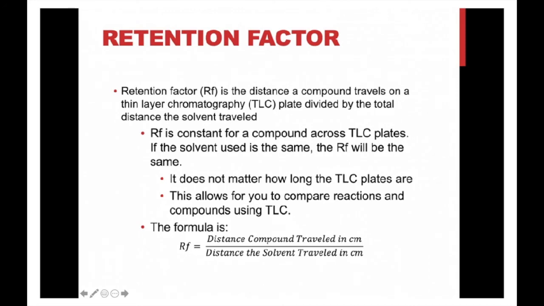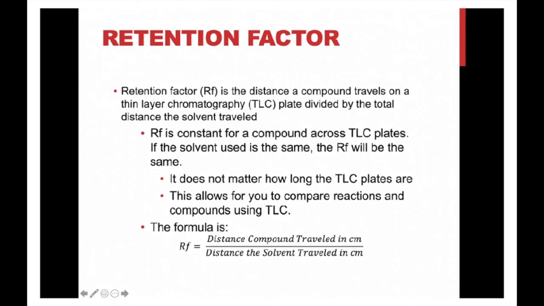RF is a property that's going to be constant across TLCs that you run. If you have a compound that has an RF of 0.4 in a certain solvent, no matter how big your TLC plate is, that RF is always going to stay 0.4 if your solvent stays the same.